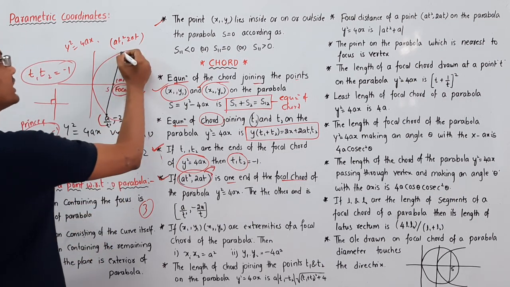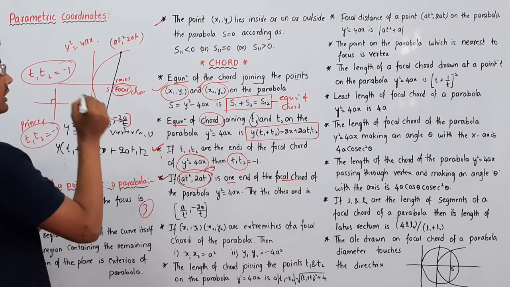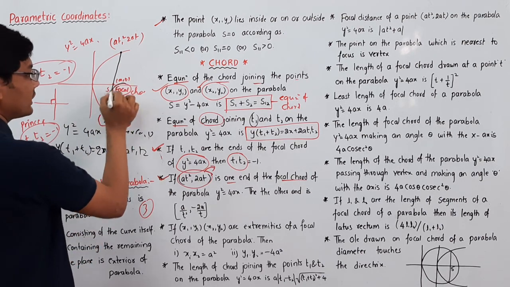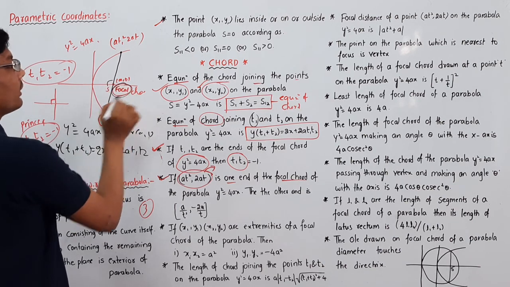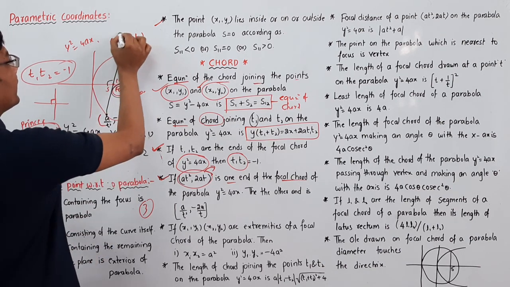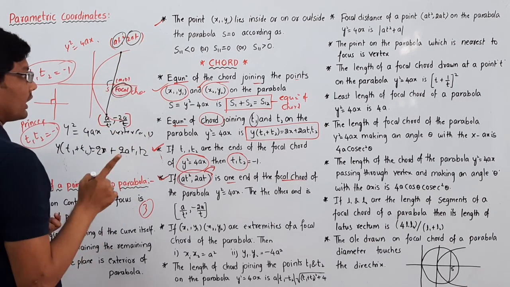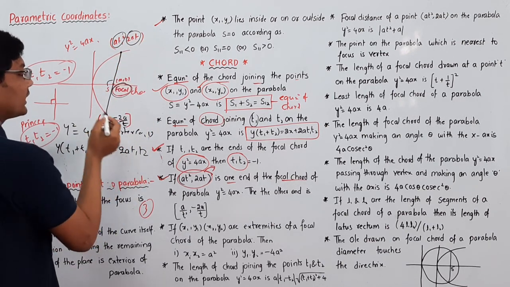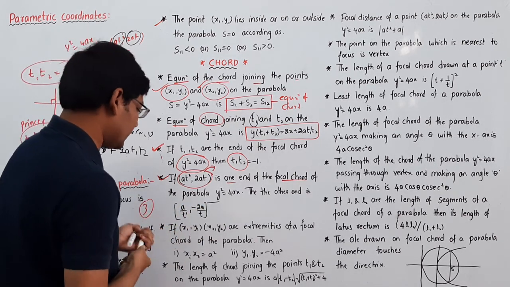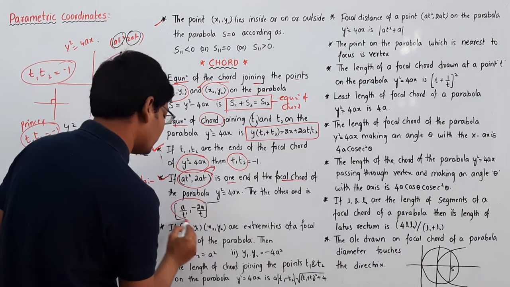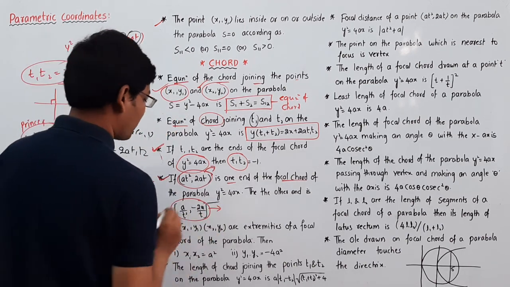A focal chord passes through the focus and here at square comma 2at is one end of the focal chord on the parabola and the other end will be this one. We have to remember this formula for solving problems.